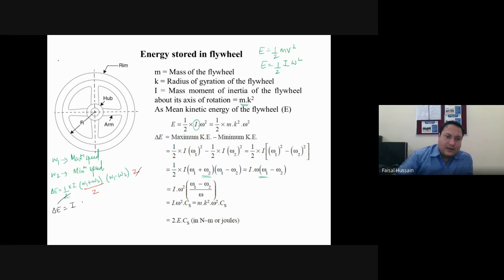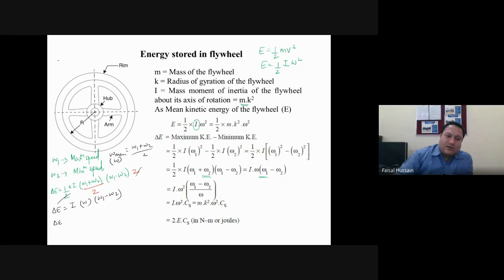Here I, omega 1 plus omega 2 by 2. Okay, so omega 1 plus omega 2 by 2 will be your omega, into omega 1 minus omega 2. Average omega is what? Mean speed, and mean will be omega 1 plus omega 2 divided by 2. I have simply denoted it by omega.